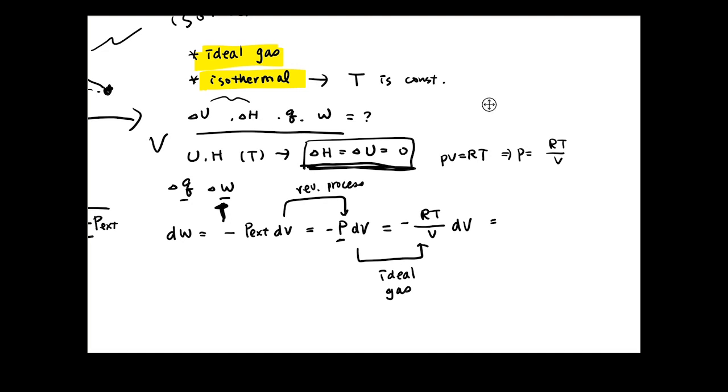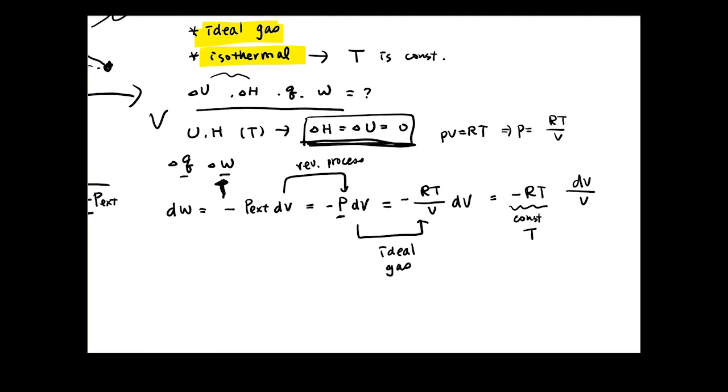Therefore, you can rewrite this as negative RT, and then you can put your dV over V together. So you can group those two in the constant term.